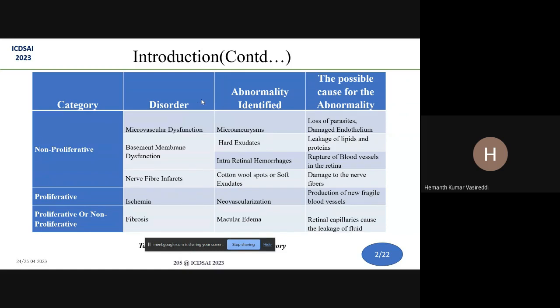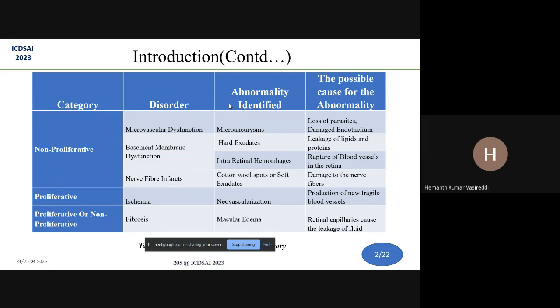For non-proliferative diabetic retinopathy, we have certain disorders, I mean the abnormalities, where microvascular dysfunction, basement membrane dysfunction and nerve fiber infarcts result in microaneurysms, hard exudates, internal retinal hemorrhages, and cotton wool spots or soft exudates. Coming to proliferative diabetic retinopathy, we have neovascularization, which is the most advanced stage, which we call PDR. The possible cause for each abnormality is also mentioned here.